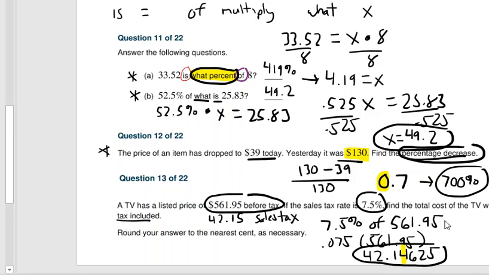But the problem asked us to find the total cost of the TV with sales tax included. Okay, so that means we need to add this and this together, and that will tell us the total price of the TV. And that is $604.15.